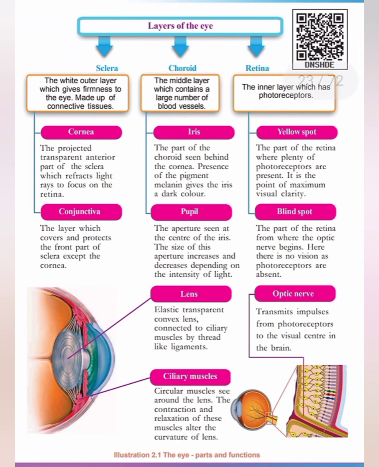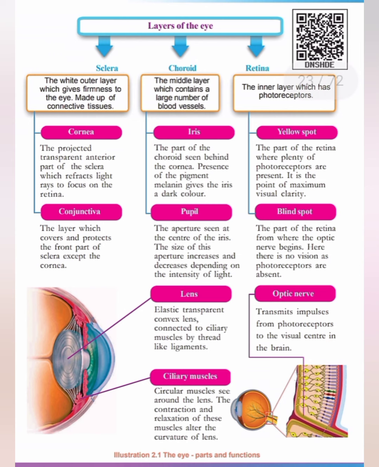That is the cornea. It is the projected, transparent, anterior part of the sclera. Anterior means front part. The cornea refracts light rays to focus onto the retina. What is its role?